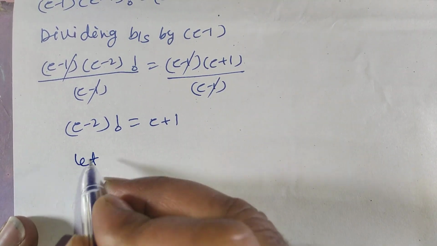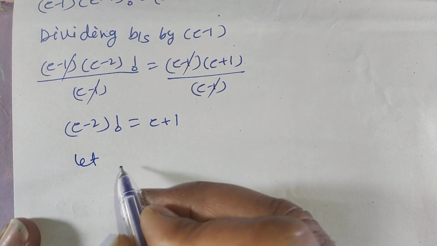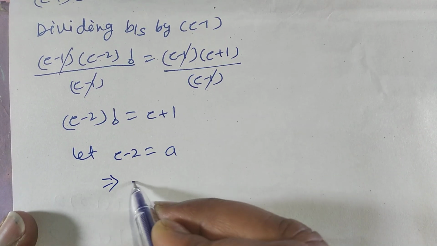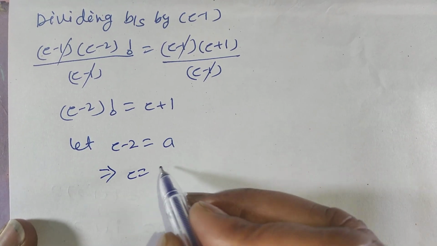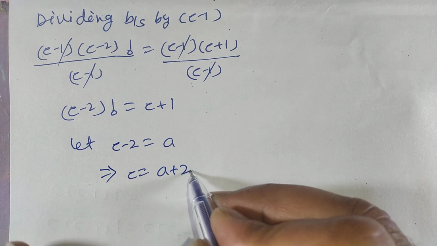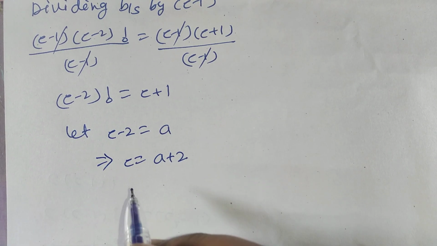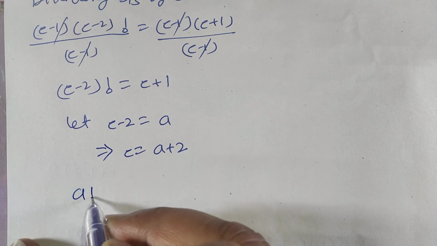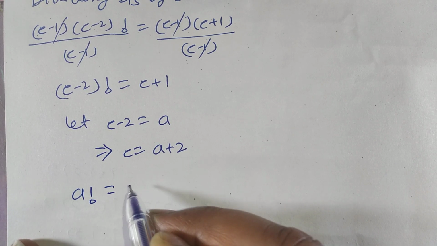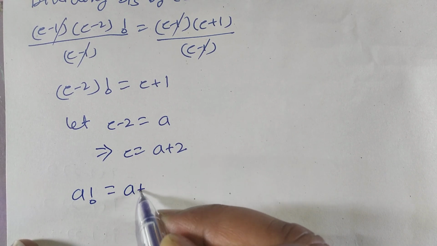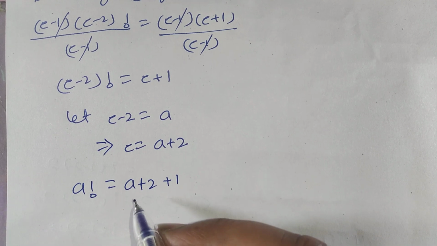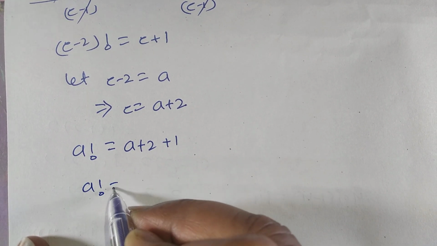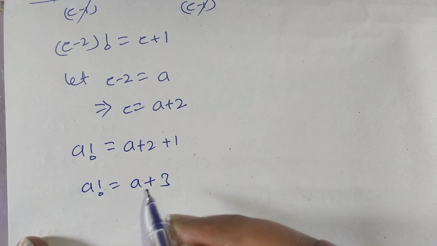Assuming let c minus 2 is equal to a, then c is equal to a plus 2. Putting this value here, factorial a is equal to a plus 2 plus 1, so factorial a is equal to a plus 3.